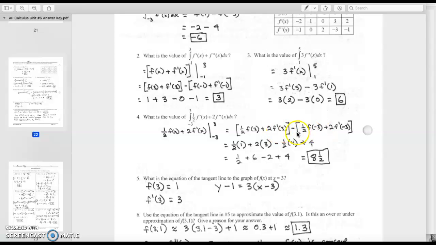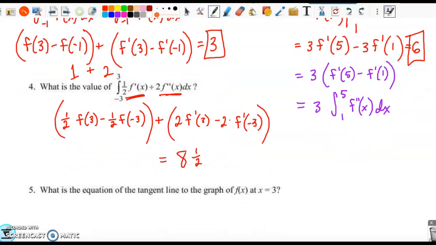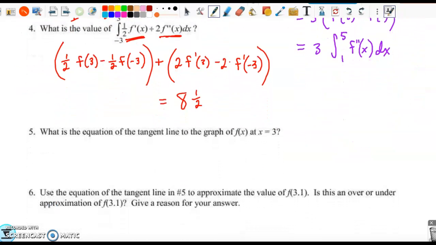Anyway, addition's commutative, so as long as you keep this as a negative, then we should be fine. We should still get 8.5, assuming he did the work correctly, which I'm going to trust his work. So he did it slightly different than what I did, where I do these individually like I did up here, but his work is slightly different. So double check that that's right, and we can talk about it in class.